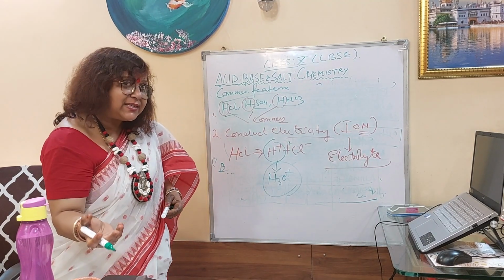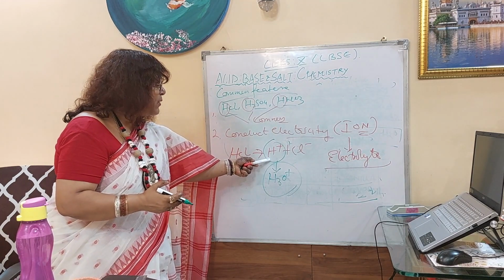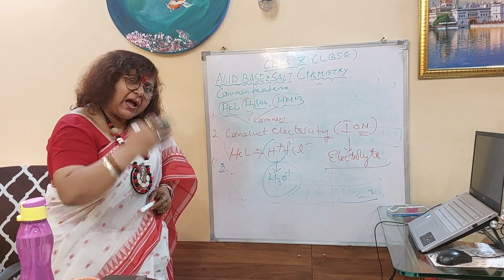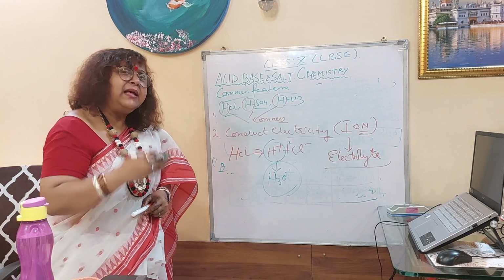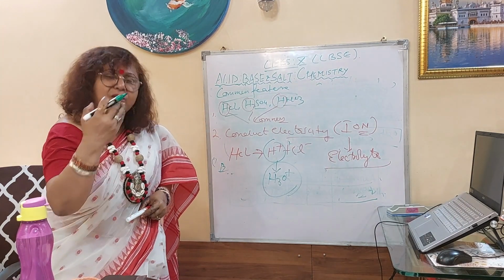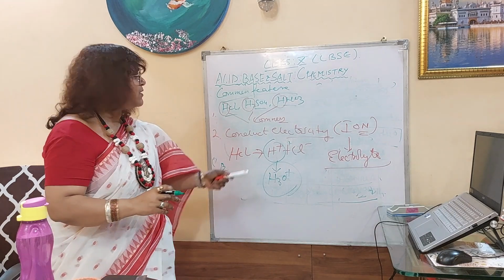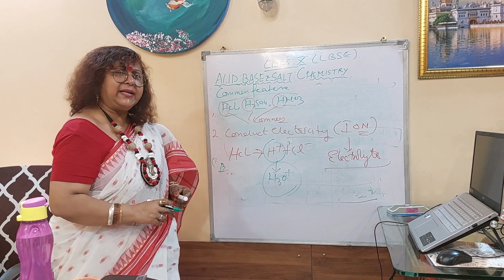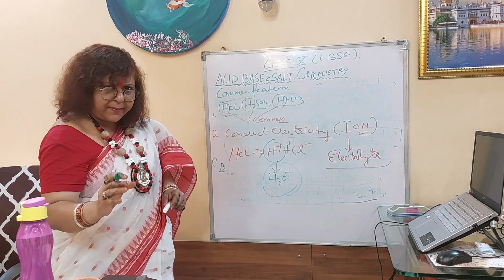When we dilute the acid, the per unit volume of hydrogen decreases, and so the amount of hydrogen evolution will also be affected. The significance of this reaction is that when an acid breaks into ions, the ions are known as hydronium ions, H plus.